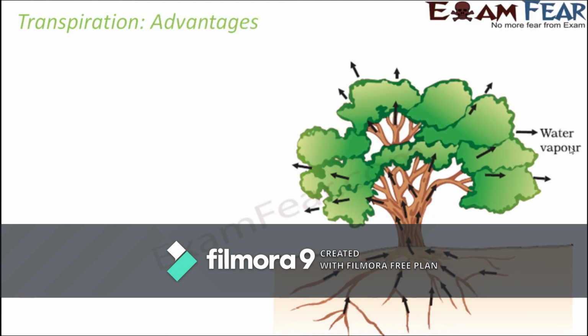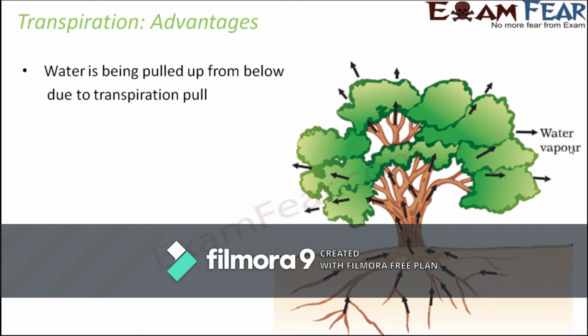Now, there are many advantages associated with transpiration. First thing is, water is being pulled up from below due to transpiration pull. That's because when the water in the upper surface of the leaves moves out, a vacancy gets created on the upper surface. So water from the inner leaves is pulled above.